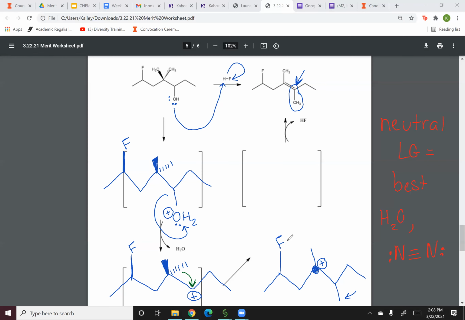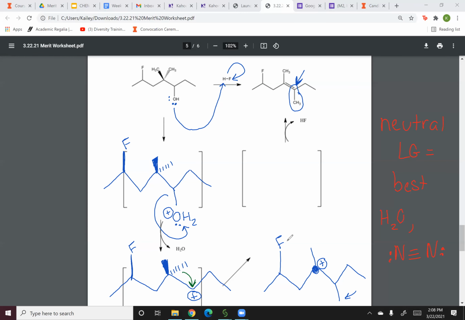Okay, and then 2 more steps happen. What's going to happen next? Yeah, so the leftover fluorine attacks the carbocation. If the leftover fluorine acts as a nucleophile and attacks the carbocation, will I form an alkene? Oh, wait. No, sorry, I meant to say thank you.